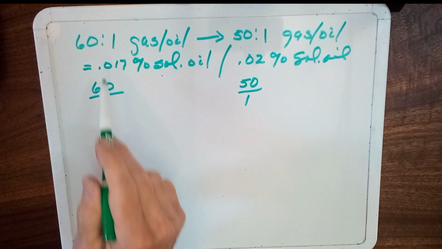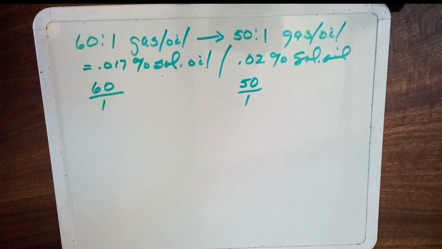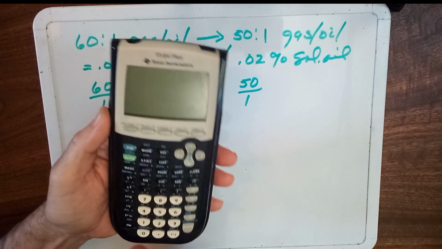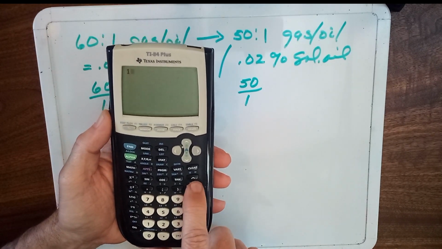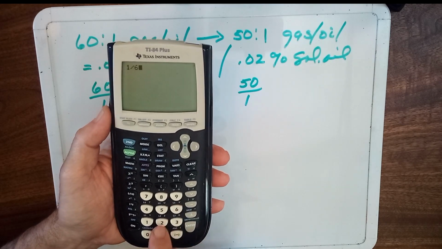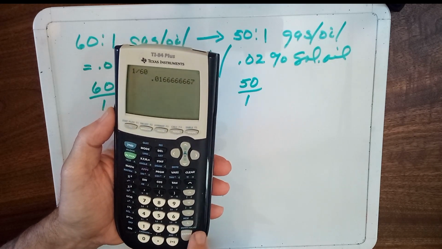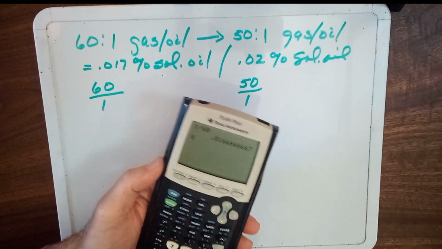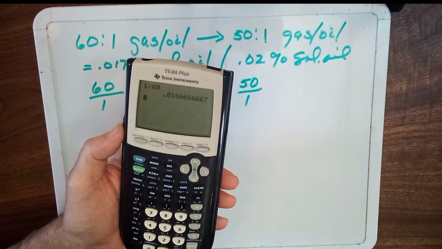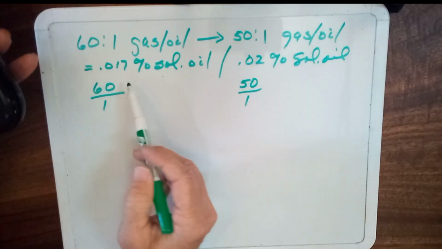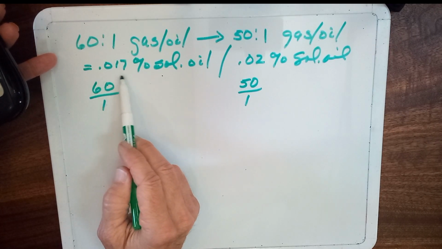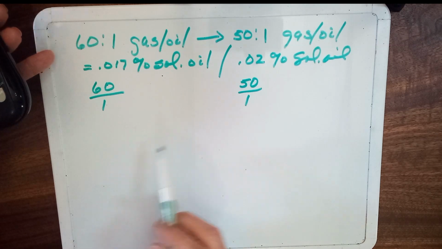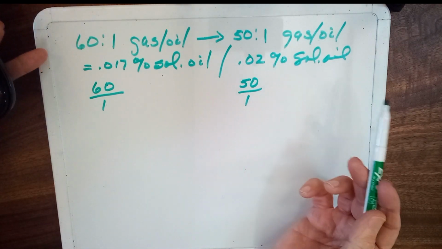So a 60-1 ratio, we need to express as a percent. That is just a matter of taking 1 and dividing it by 60 in this case, and that's coming up as 0.016 repeating. So I'm going to round that off to a 0.017 solution. The 50-1 comes out nicely.